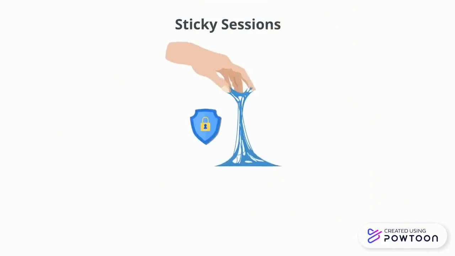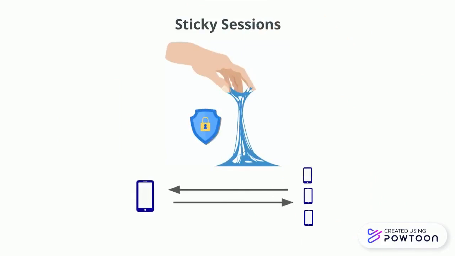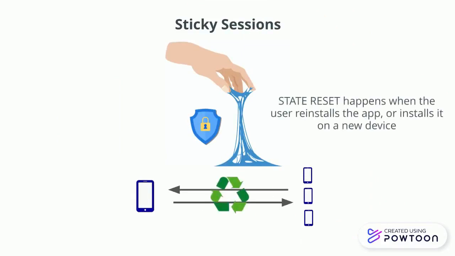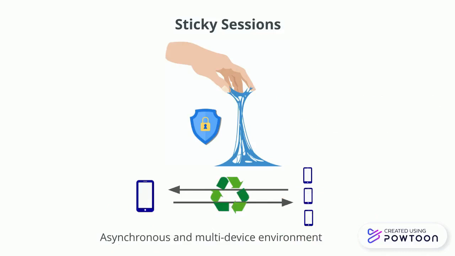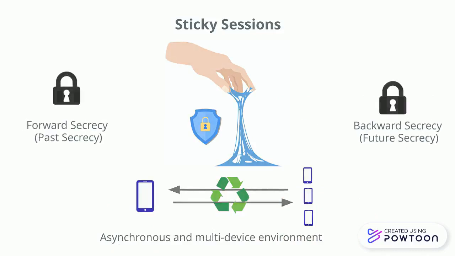A sticky session is an end-to-end encrypted session between a user and a party that can be re-established after a state reset. That is when the user reinstalls the app or installs it on a new device, in an asynchronous and multi-device environment, and keeps track of the ratcheting message keys while preserving forward secrecy and introducing backward secrecy.